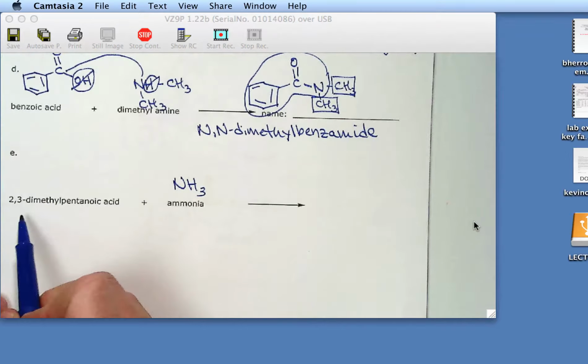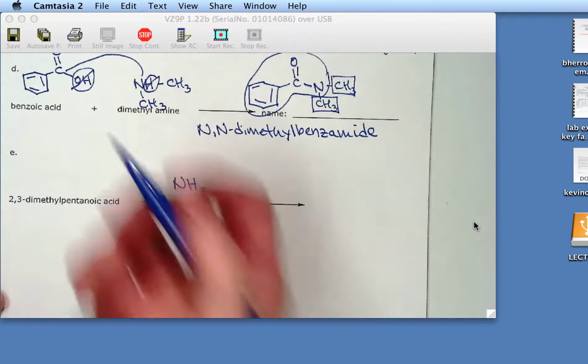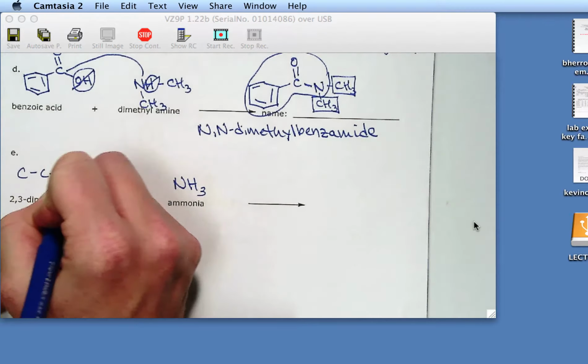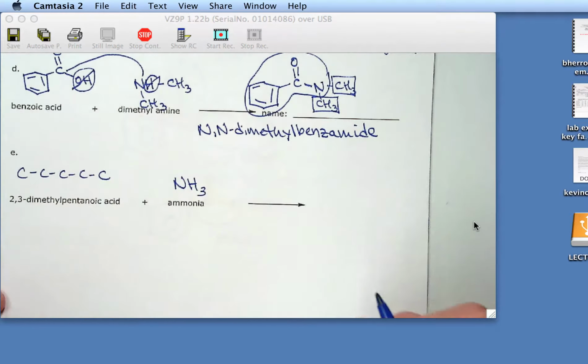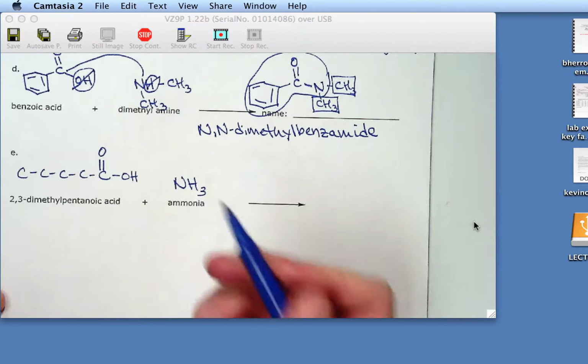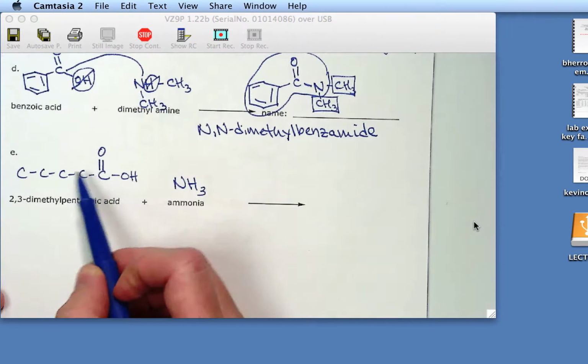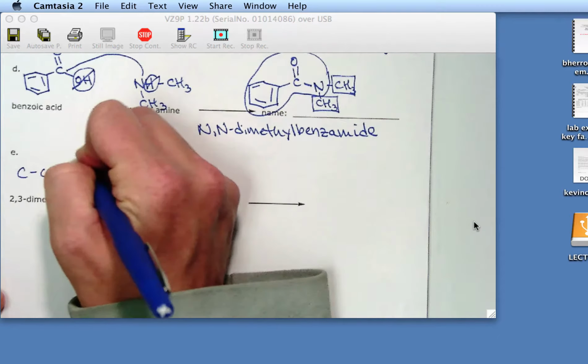Okay, 2,3-dimethyl pentanoic acid. How many carbons? 5. Carboxylic acid. So off the alpha and beta carbons, you have methyls.